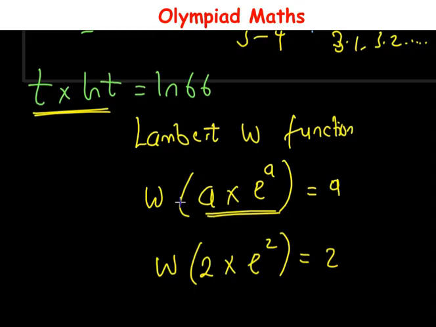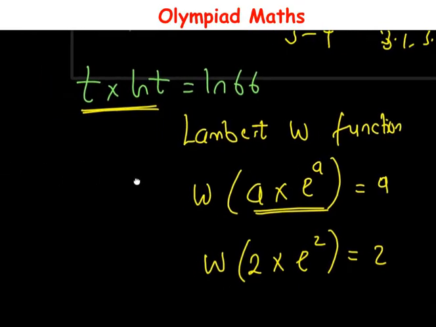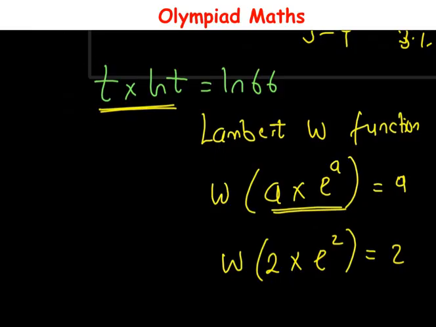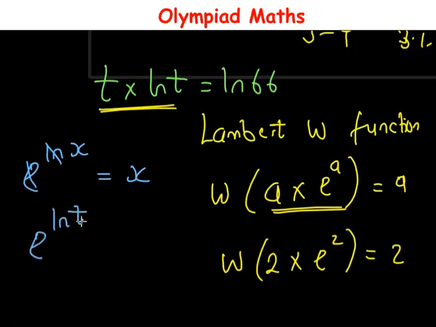To do so, we are going to introduce a particular special function, which is called e. If you have e raised to power ln x, this is equal to x. Why? Because e will cancel ln, and x stands alone. This means that if I have e raised to power ln t, this is also equal to t.